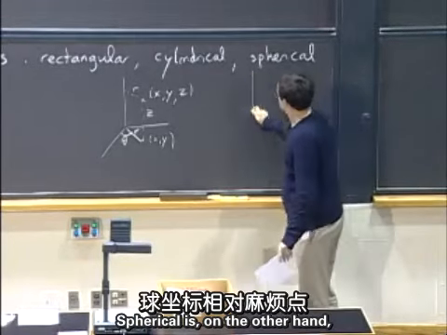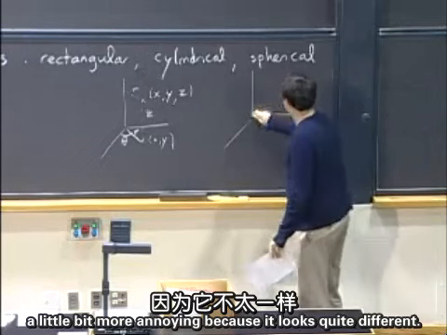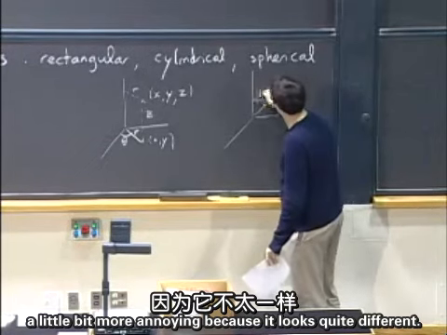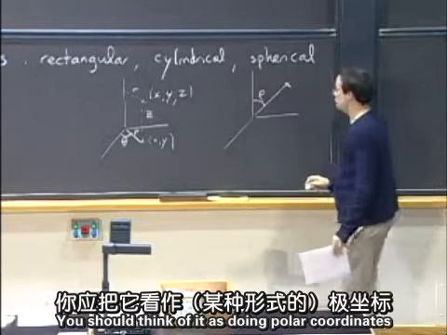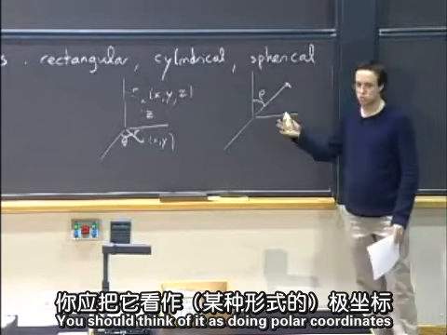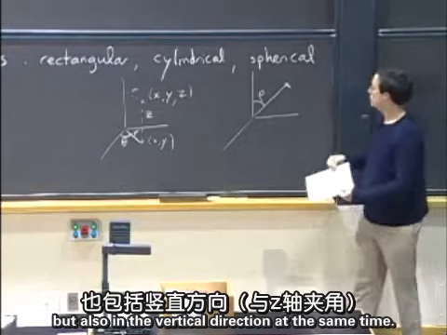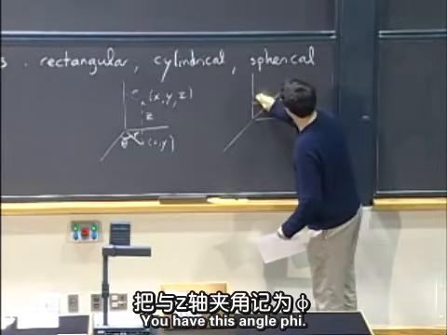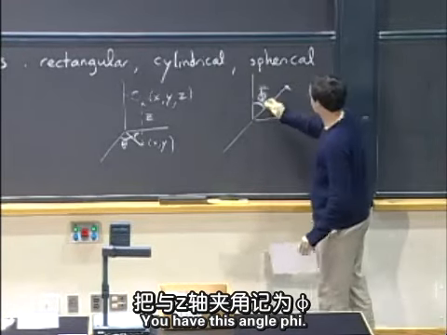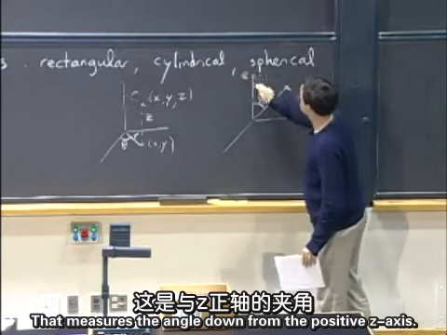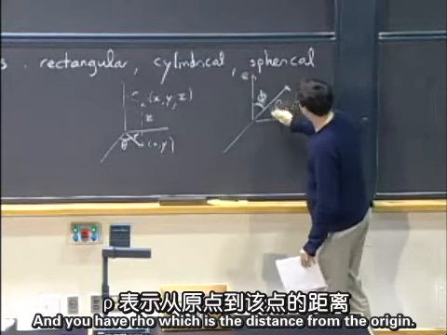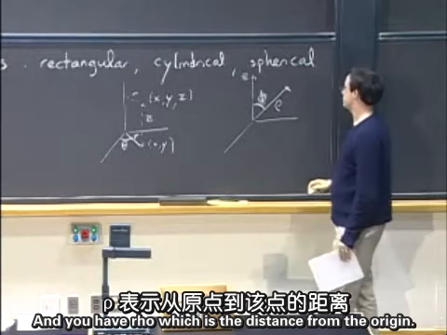Spherical is, on the other hand, a little bit more annoying because it looks quite different, but you should think of it as doing polar coordinates not only in the horizontal direction, but also in the vertical direction at the same time. So you have this angle phi that measures the angle down from the positive z-axis, and you have rho, which is the distance from the origin.